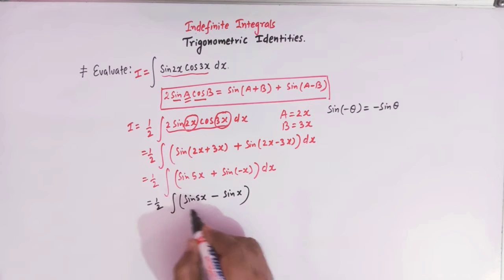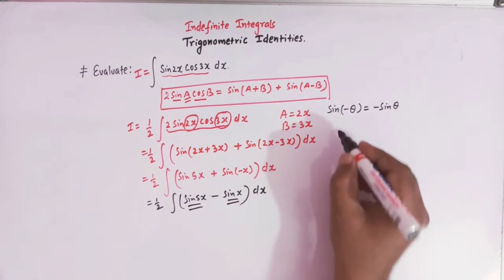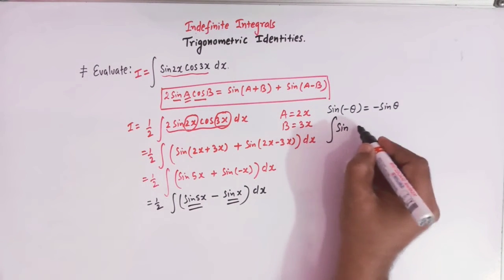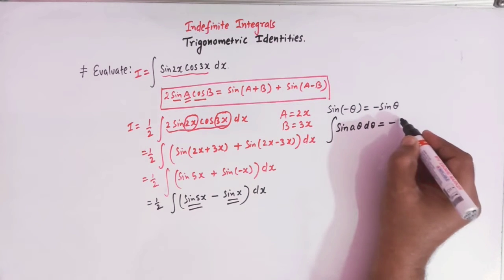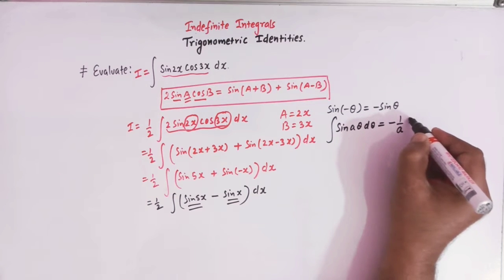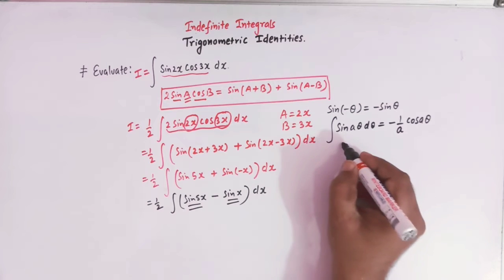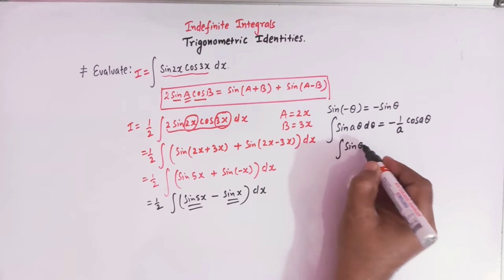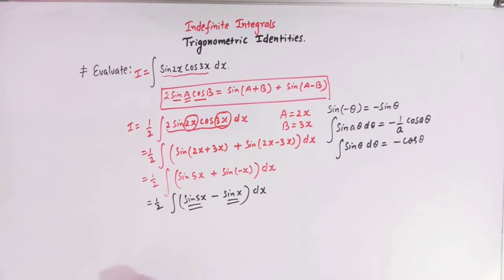Now we know that the integral of sine a theta is equal to minus 1 over a cos of a theta, and the integral of sine theta is equal to minus cosine theta.